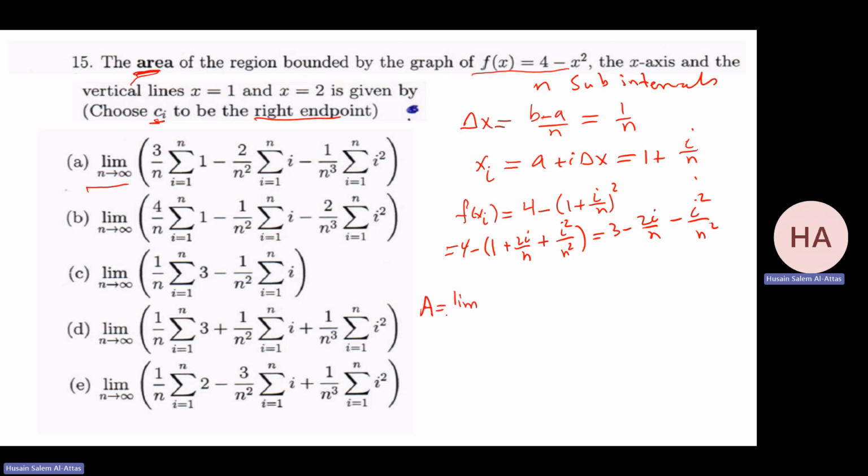It will be limit as n goes to infinity of summation i equals 1 to n of f of x_i delta x. That will be limit n goes to infinity. Notice the way he wrote it with the summation. Delta x, I can take it out, that will be 1 over n. Summation i equals 1 to n.